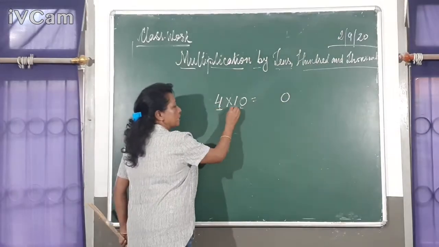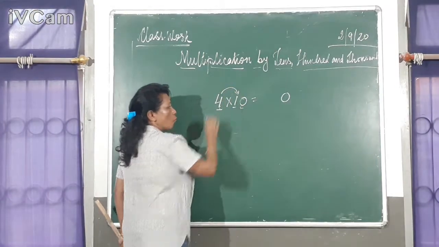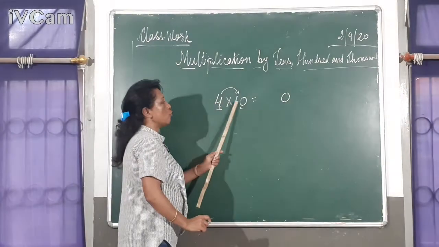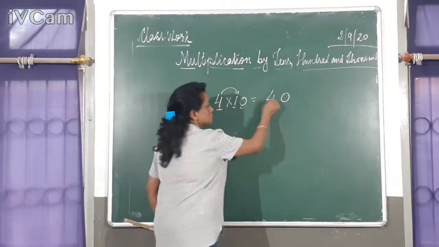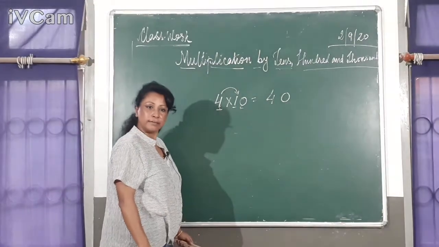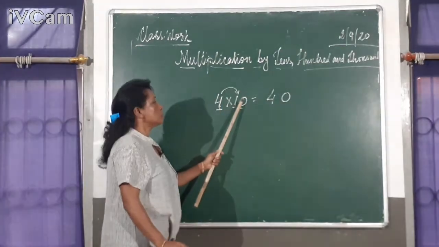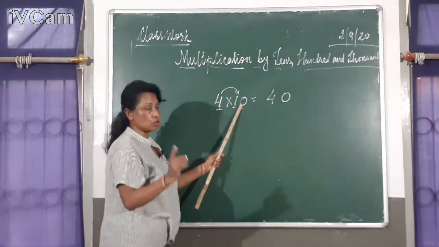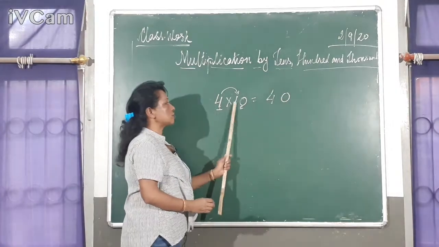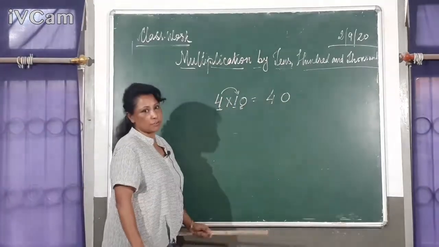Then you multiply the figures in it. 4 ones are 4. So it becomes 4 tens are 40. So when you multiply with tens, when you have a number which is 1 0, you just write this 0 here and then you start multiplying with the numbers. So it becomes easy for you.